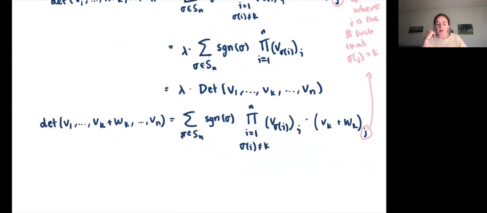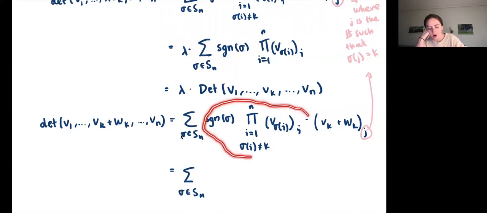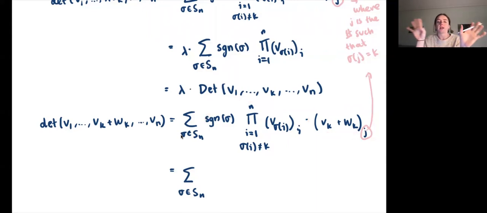Okay, and then I'm going to just break this up into two separate sums. I'll do this in a few steps. So I'll have the sum as sigma goes over Sn. And then, okay, so this is just the product of a bunch of numbers times the sum of two things. So I can distribute. So for one part of this, I'll have SGN sigma, and then the vk term I can lump in with the other v's.